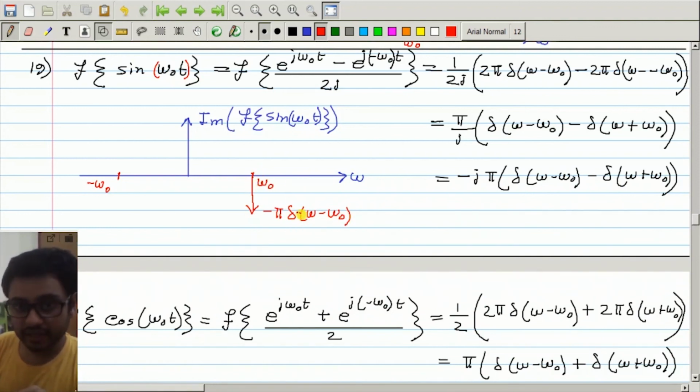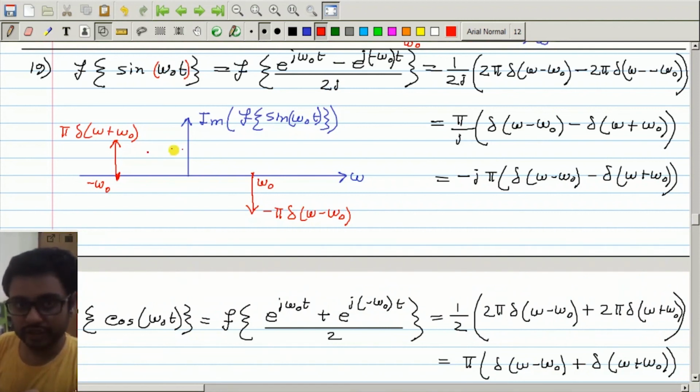Recall, this is only the imaginary part of the Fourier transform, because I cannot draw both real and imaginary part together. Okay, and this delta function will be located here, and its amplitude is plus pi. So here another spike with height plus pi. This is pi delta omega plus omega naught.